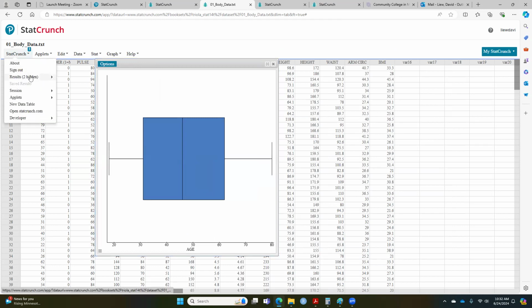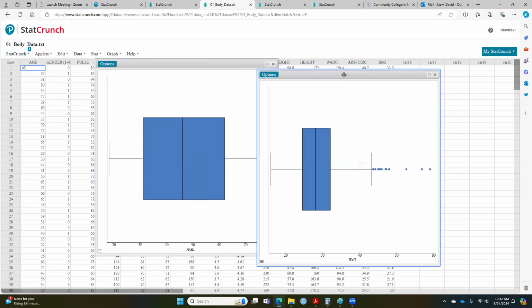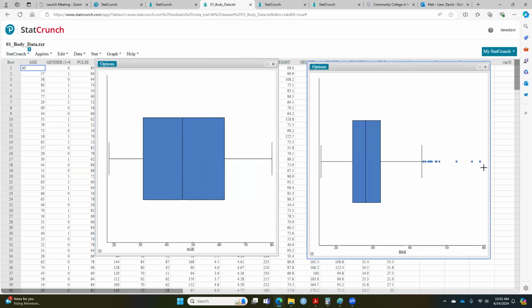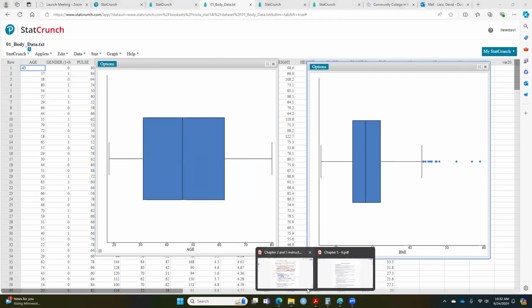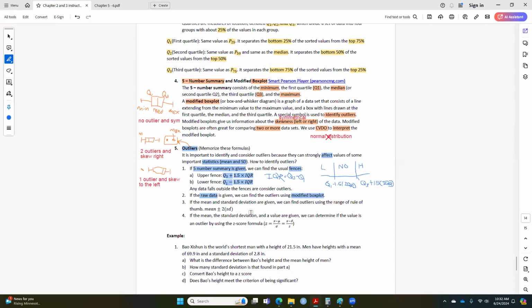Compared to the one that we just did for the box plot of BMI here, this has multiple outliers and is skewed to the right because those outliers push it to the right. So that is what happens if you have raw data. If you want to figure out outliers, just draw a modified box plot. That will be the fastest way for us to figure out outliers.